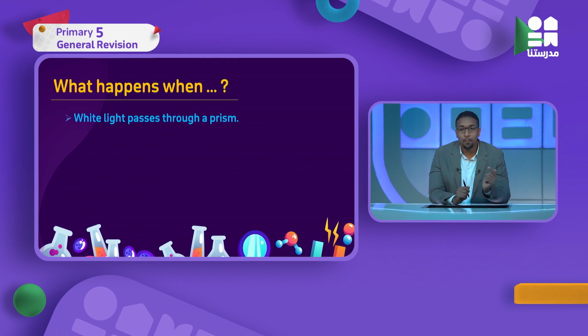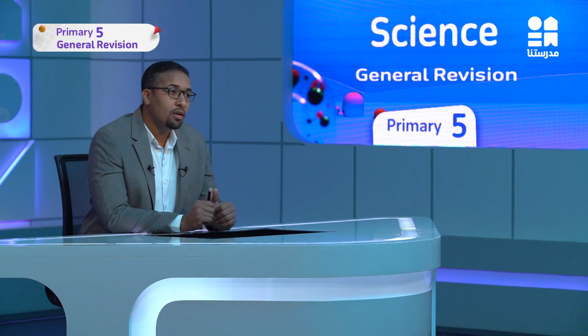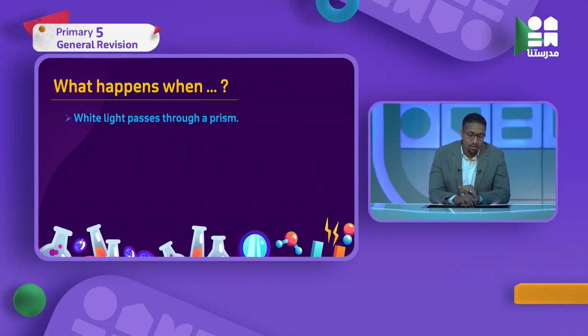So when white light passes through a glass prism, it will do what? Which property, if you remember? Reflection, refraction, or separation? Yes, separation. The white light is separated into 7 spectrum colors. Because of what? Because the white light consists of 7 spectrum colors and we remember all of them.